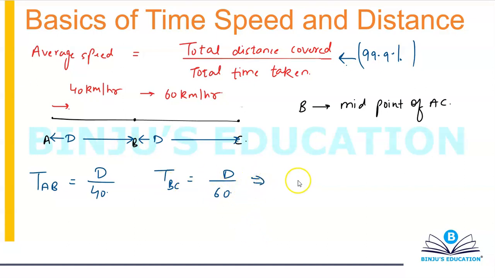So the total time taken is D by 40 plus D by 60, which is 5D by 120. You can take LCM to be 120.